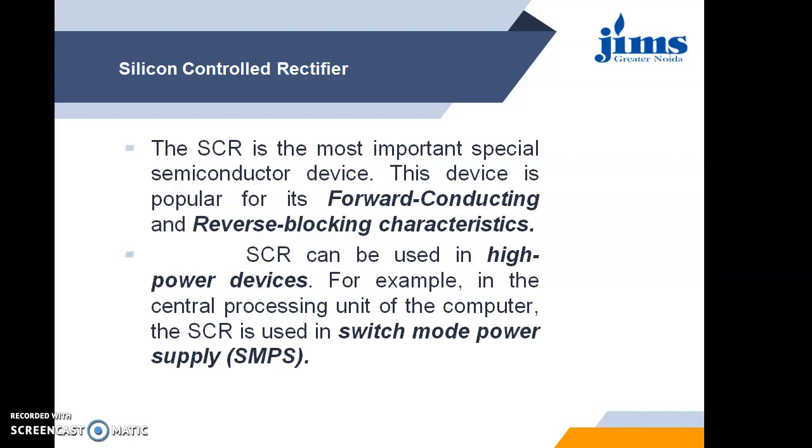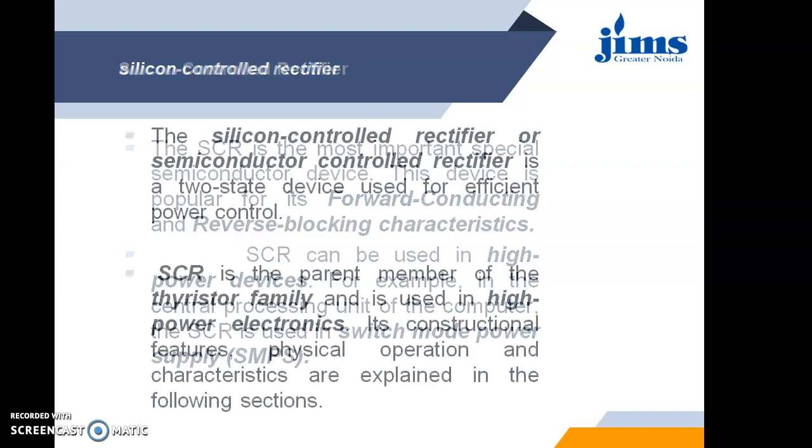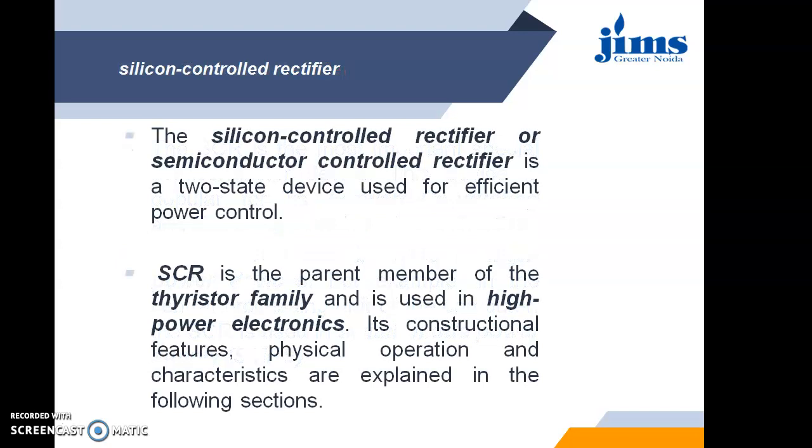So basically it is a device which offers properties in two ways or two directions, which are forward conducting and reverse blocking. Again, as I mentioned, it is a high power device, and it is used in CPU and also in SMPS, which is switch mode power supply. It is a two-state device for efficient power control.